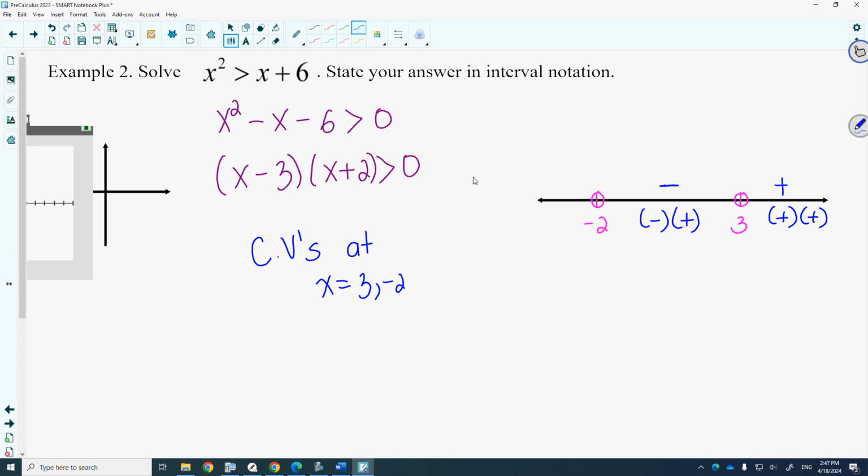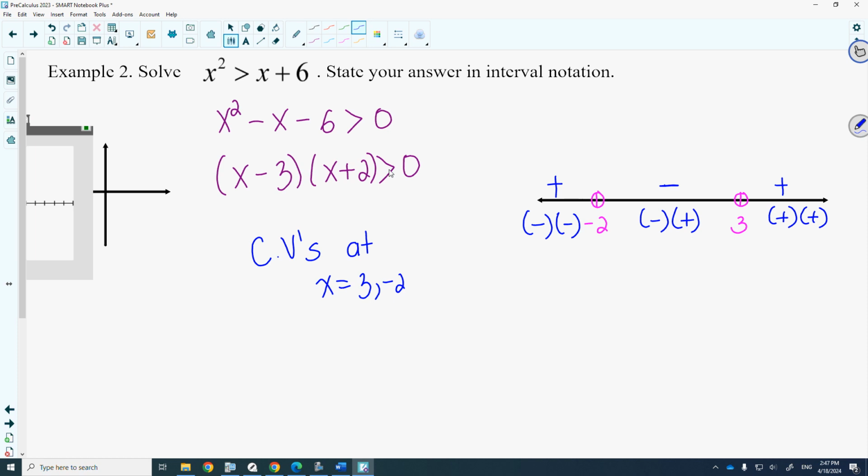Now we've got to do a test point over here. So pick something left of negative 2. Let's pick negative 3. Put negative 3 in this first factor. Negative 3 minus 3 is negative 6. Put negative 3 here. Negative 3 plus 2 is negative 1. Two negatives will give you a positive. All my answers are going to come from this number line.